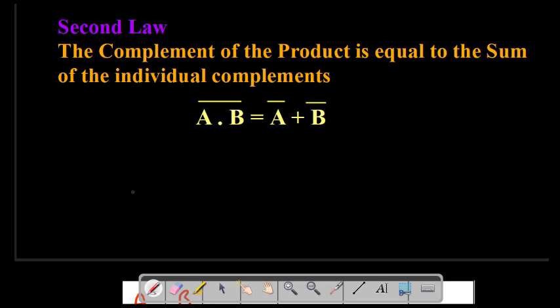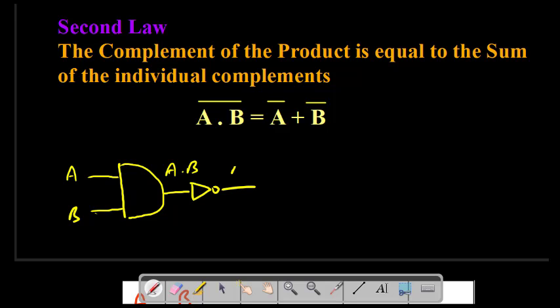Sorry, we need to draw the AND gate. So this is the AND gate. So this is input A, input B, A and B, and they are complemented. So up to here we have A and B, and this becomes (A and B) the whole bar.